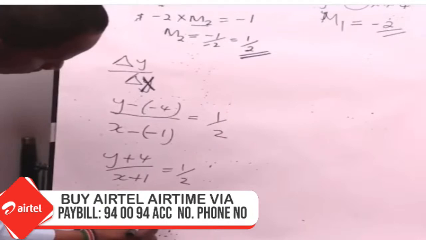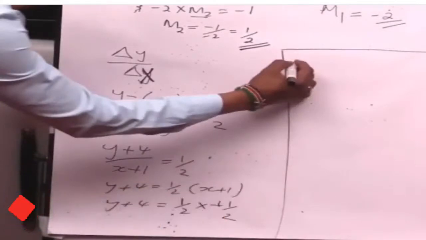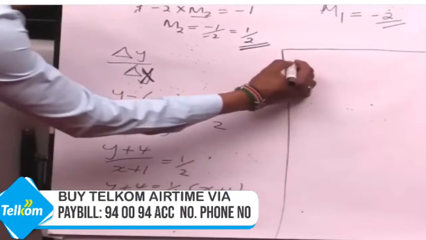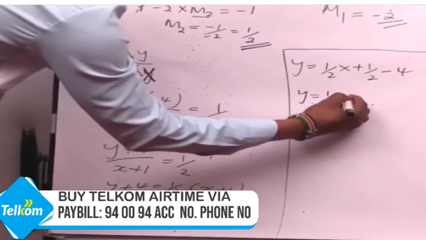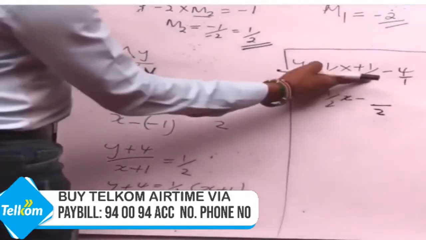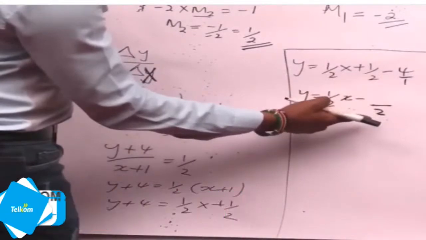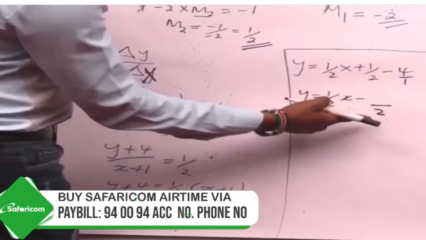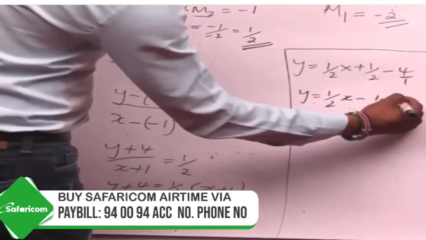So from here, y equals a half x plus a half. Then when 4 crosses the other side it becomes minus 4. So y equals a half x minus, when you subtract this, the LCM is 2. Then 2 into 2, 1; 1 times 1 is 1. Minus 2 into 2, 2 times 4 is 8.